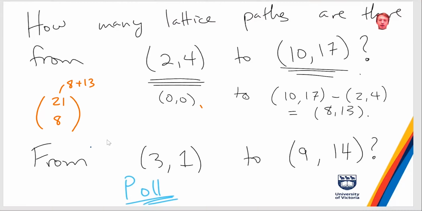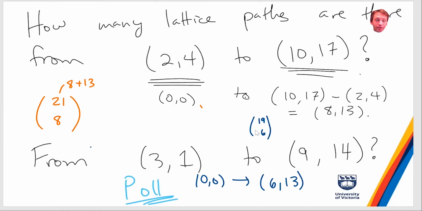The reason is that it's the same as going from 0, 0 to 6, 13. 6 plus 13 is 19. So it's going to be 19 choose 6 or 19 choose 13. I didn't give that option, but if I had, 19 choose 13 would be correct as well. I should have given both and seen whether one's more popular. Any questions?